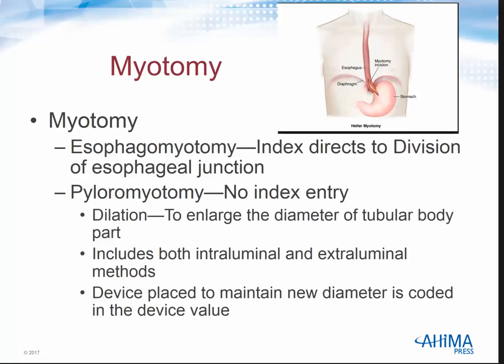And also, here's a picture on this particular slide of an esophageal myotomy. The eponym is Heller, and the surgeon is cutting into this muscle-like structure. Remember, otomy, O-T-O-M-Y, means cutting into, and that's what we're talking about. The pylorus would be a different anatomical location down here in the stomach area.